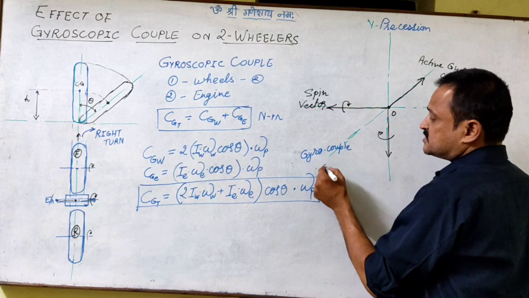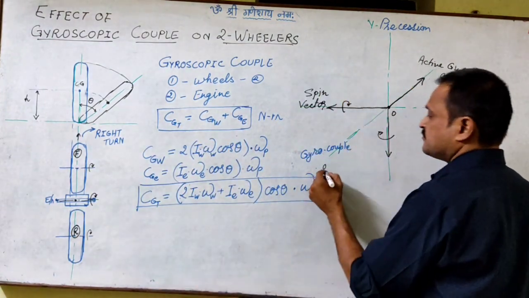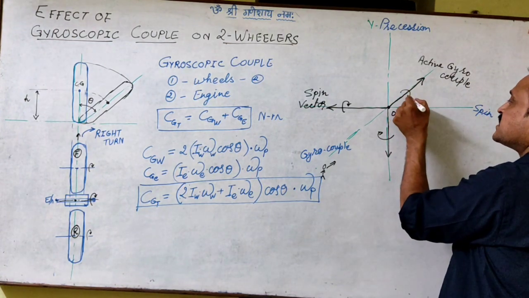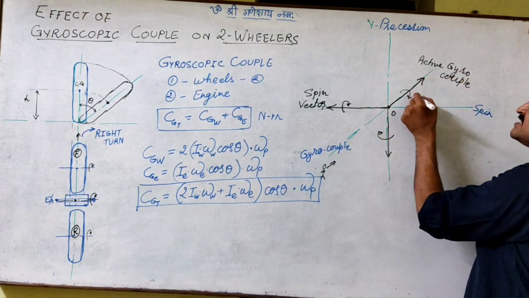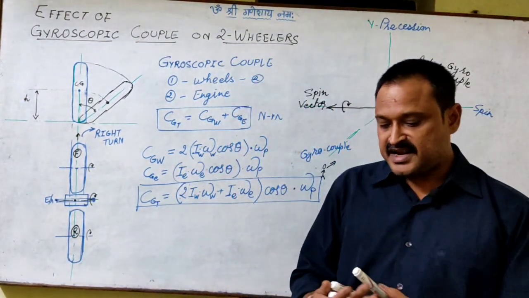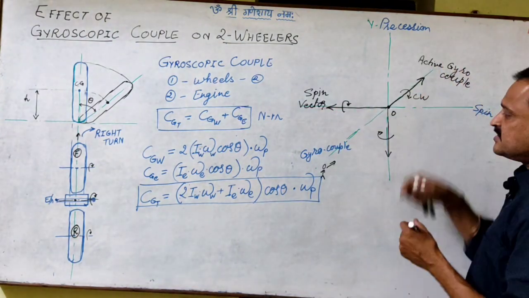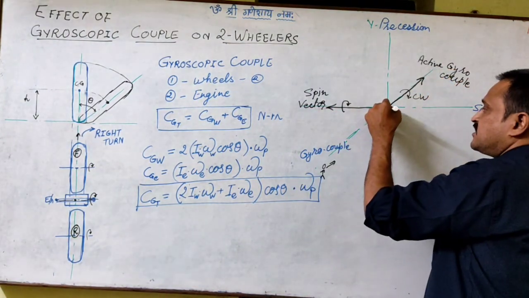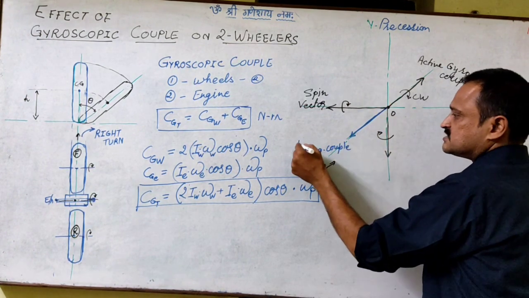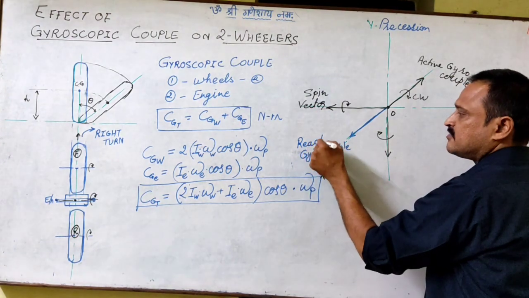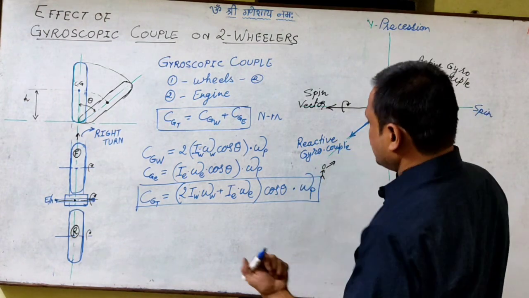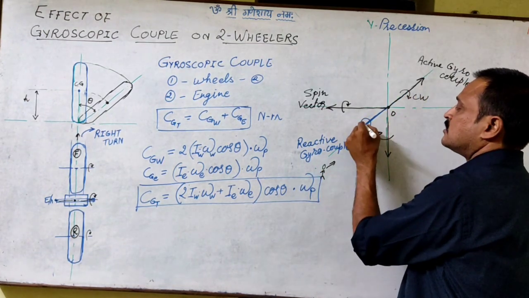As an observer standing behind the two-wheeler and looking at the system, this vector is pointed outwards, which means the sense of rotation is clockwise. The reactive gyroscopic couple will be exactly opposite to it. So this is the reactive gyroscopic couple, and this vector is pointed towards the observer.